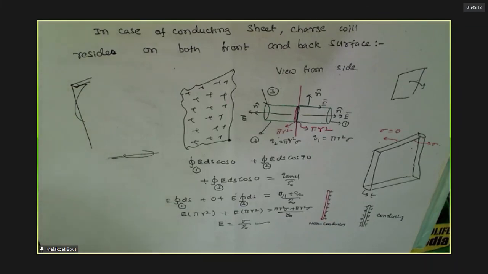So, non-conducting sheet of charge means charge will be only on the one surface to where you are given, that is front side or back side. Conducting sheet of charge means on any side you give, charge will go to the other side also.